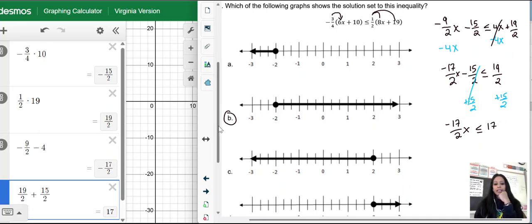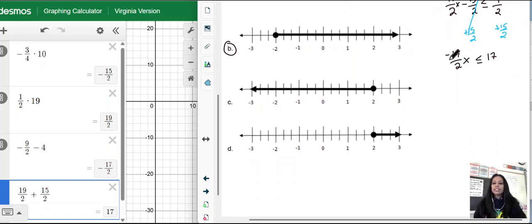And then the next step is to get rid of this fraction. I need to multiply both sides by the reciprocal. Okay, so I need to multiply this by negative, keep the negative because negative makes that positive, 2 over 17. Multiply this side also by negative 2 over 17.